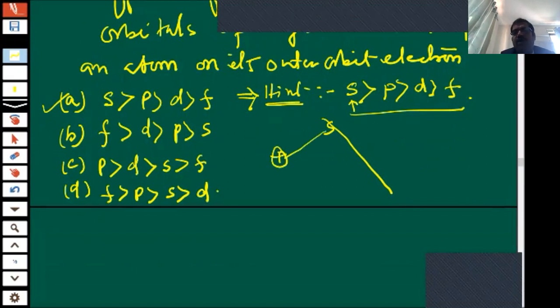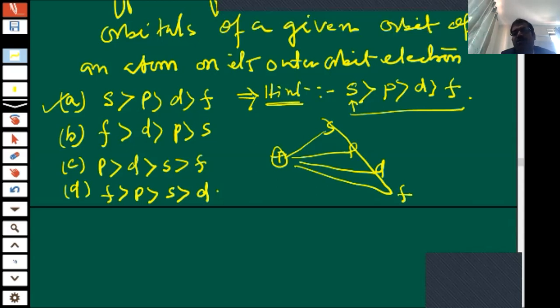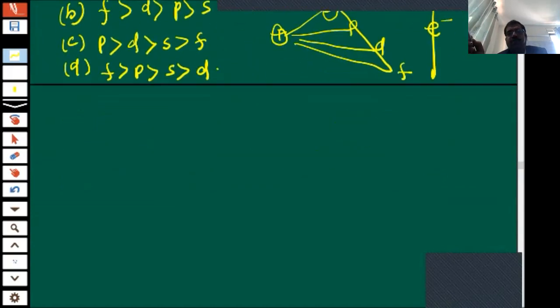S is somewhat nearer, then P, then D, and then F. So in a given orbit, S is nearer to the nucleus, and those nearer to the nucleus give more screening effect to the outer electron. This is the question. Okay, children. Next question.